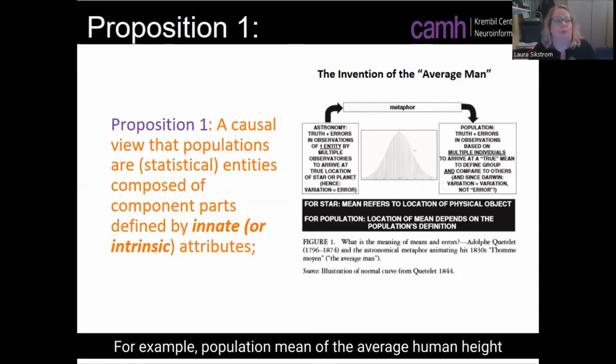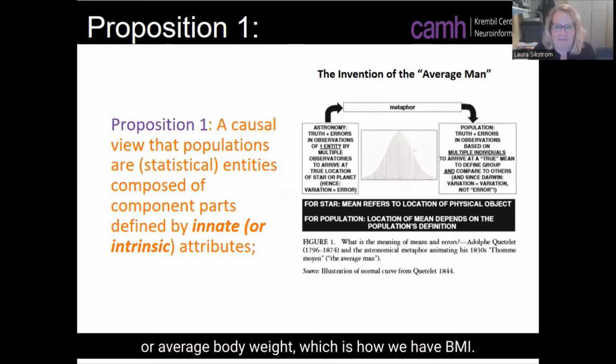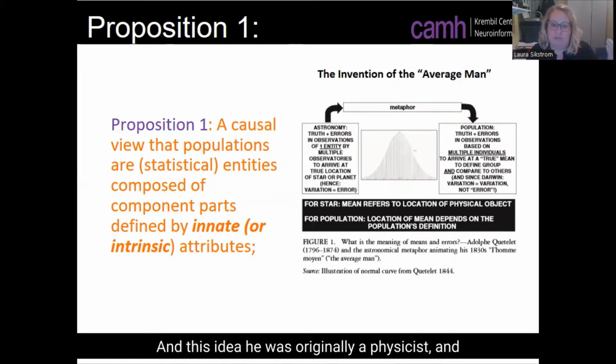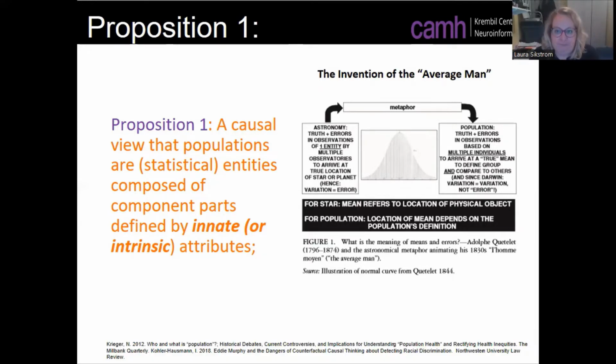So like the population mean of the average human height, or the average body weight, which is how we have BMI. And this idea, he was originally a physicist, and this idea was actually used to identify the true location of a star or planet, right? Using multiple observatories to arrive at this information.